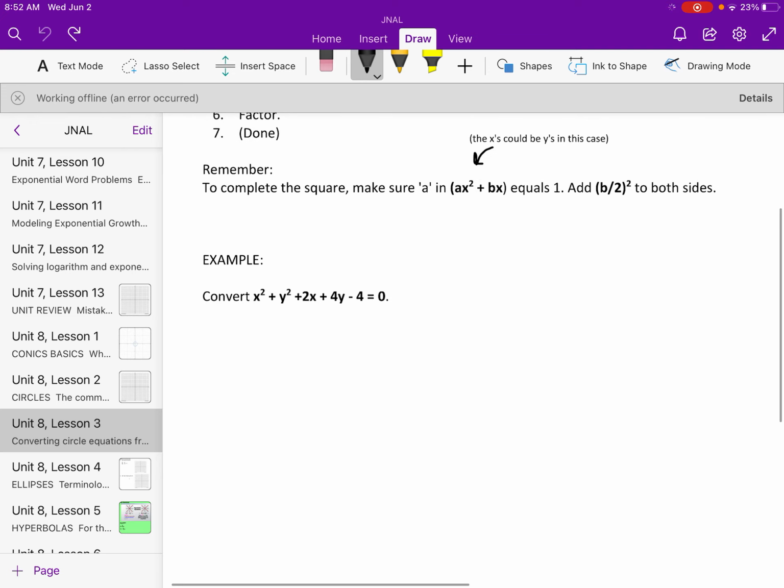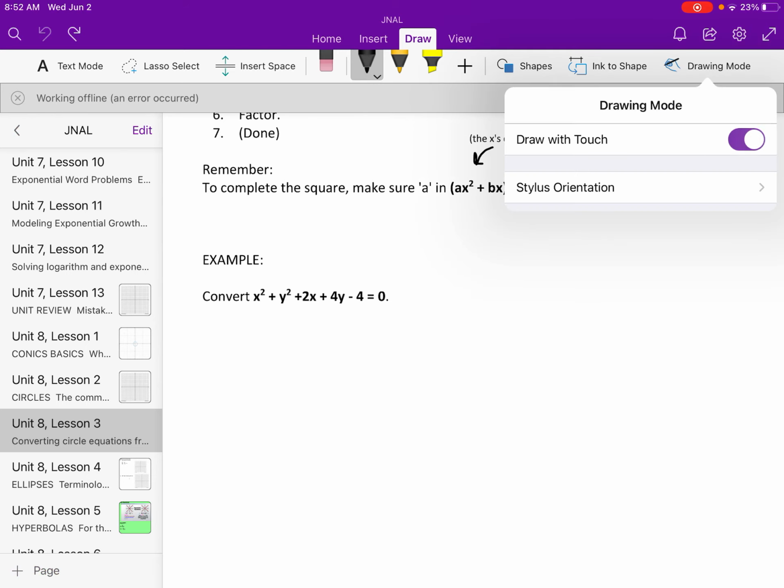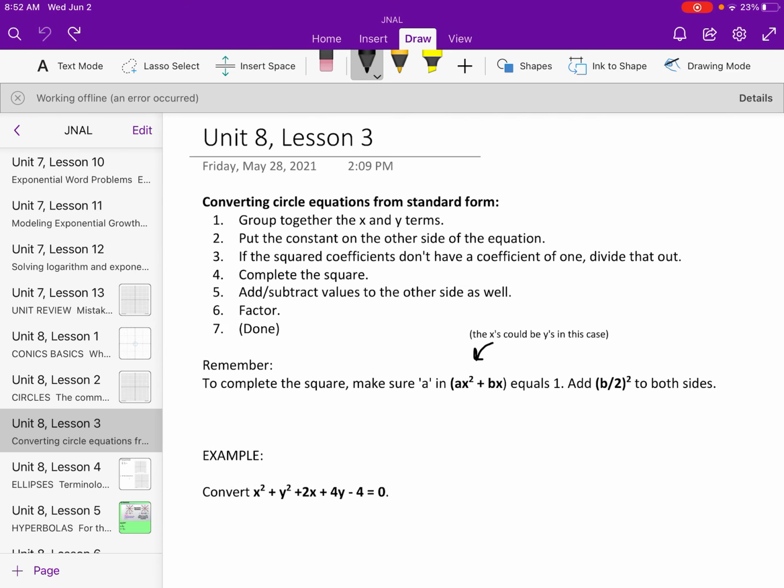So, actually, it looks like that won't even be the case for this one, but it may be on future lessons. So, like I said, remember, a needs to be 1 in that case. And you need to add b divided by 2 squared to both sides. And those x's right here could be y's this time.